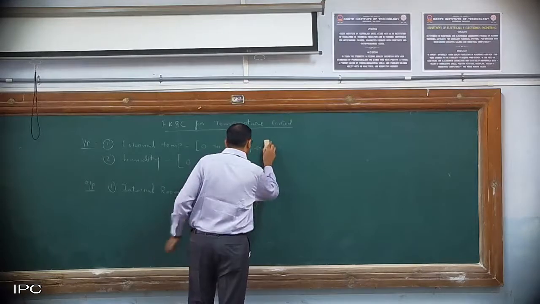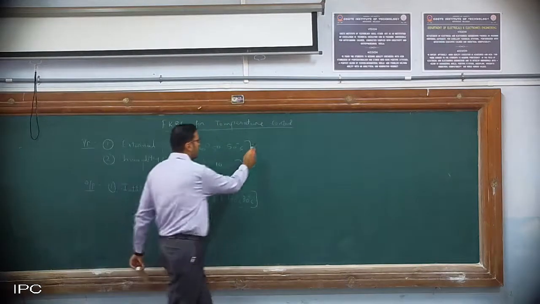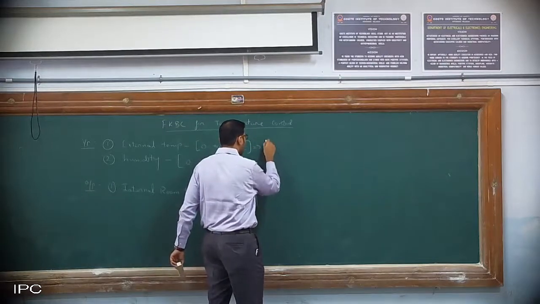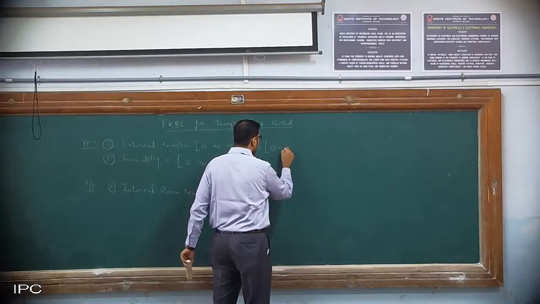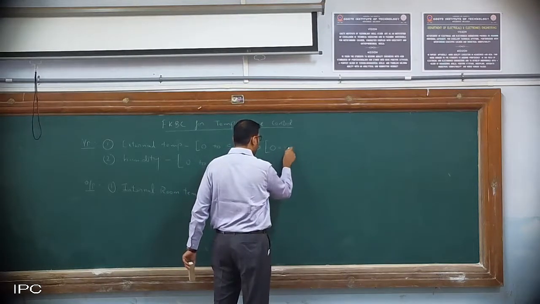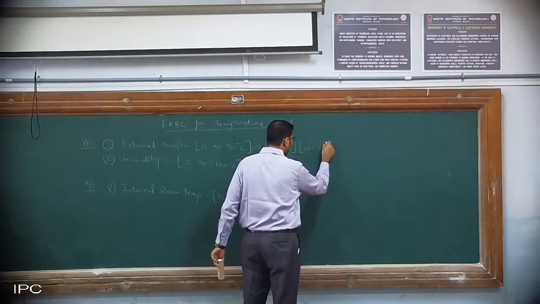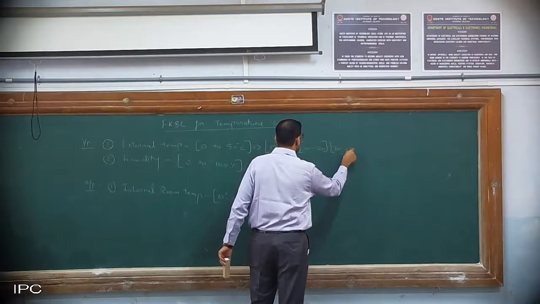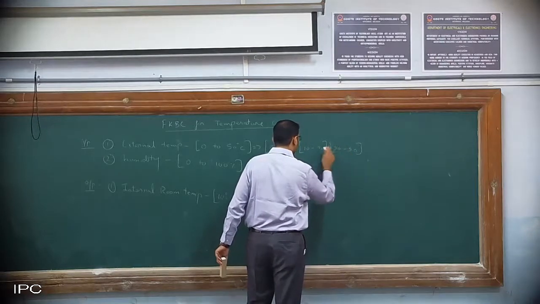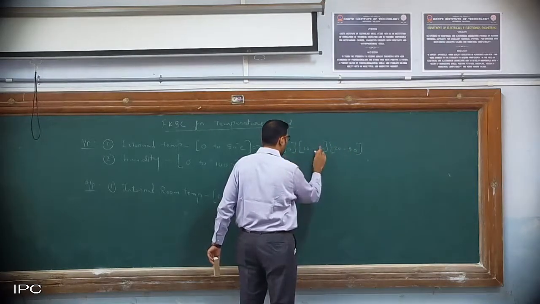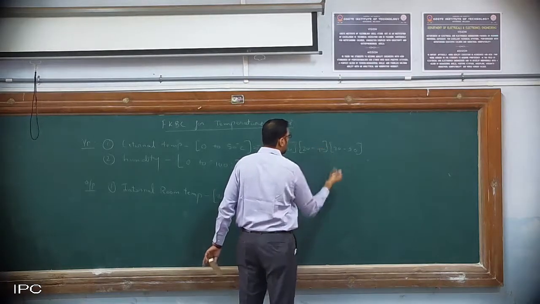What we can say is, in this case, 0 to 20, then 10 to 30, and then 20 to 40, 20 to 50, 30 to 50, 10 to 30, 20 to 40, and then 30 to 50.